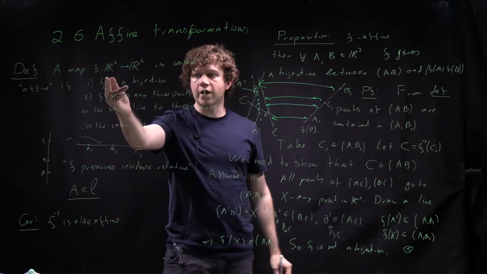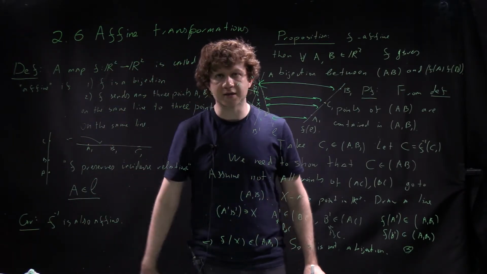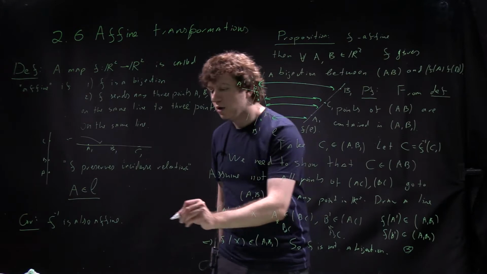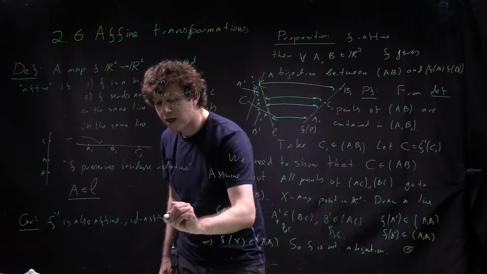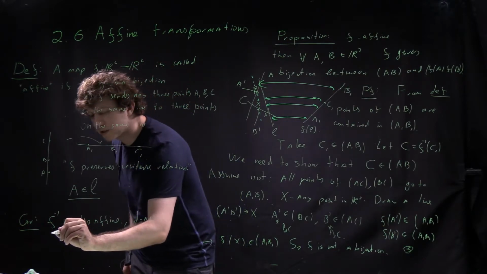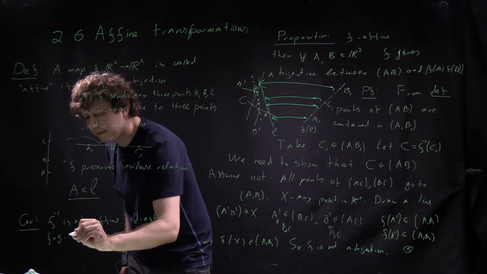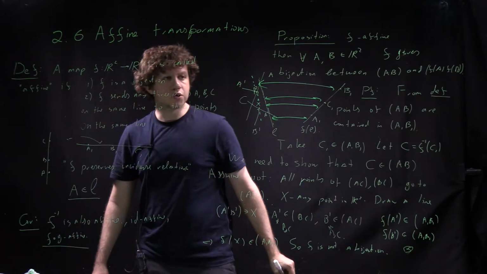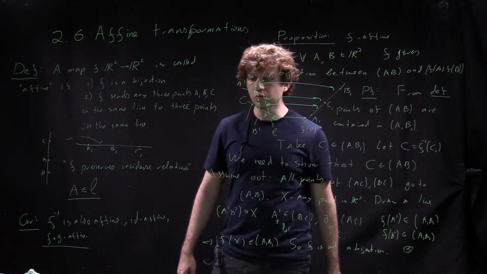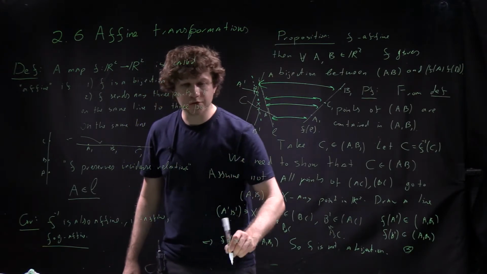So for every affine transformation, we can take its inverse, which is affine. Obviously, identity is affine. And also it's easy to deduce that composition is affine. So in this way we get a group. So affine transformations form a group, and let me introduce notation for it.